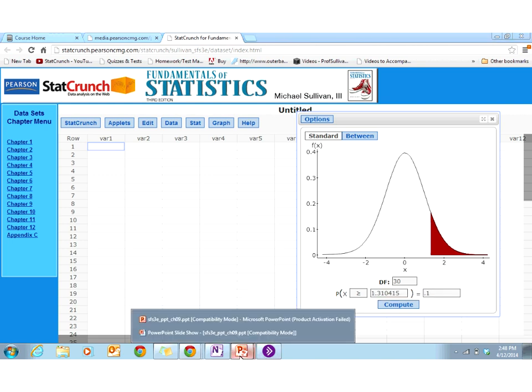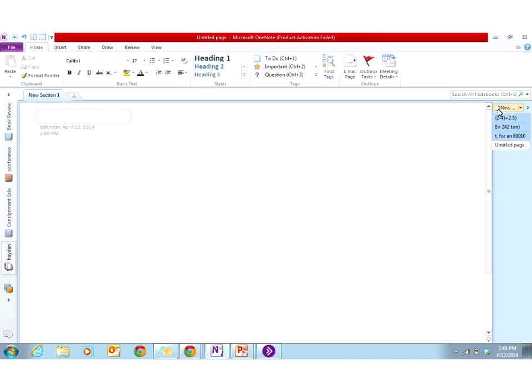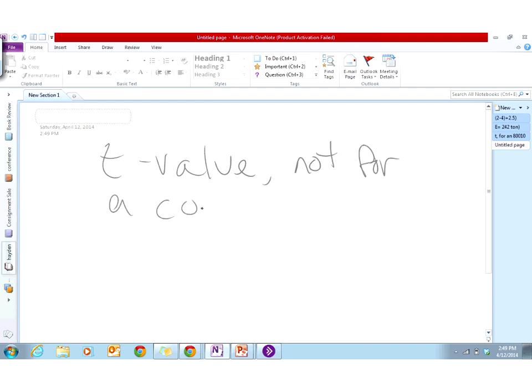Now there is a homework problem which says usually they're asking for those t values to the right, but as I was reviewing the homework problem before I started this, if it does ask for a t value, just a plain old t value, not for a confidence interval, because in the confidence intervals, you always use a positive t.